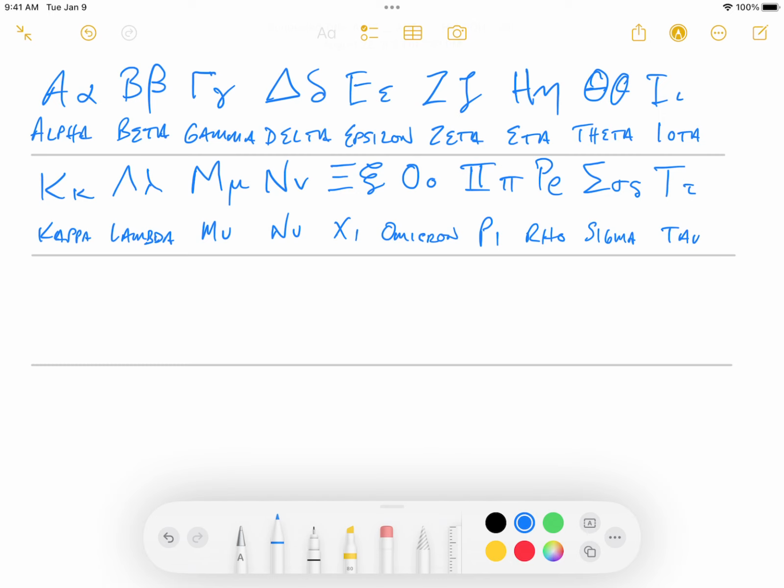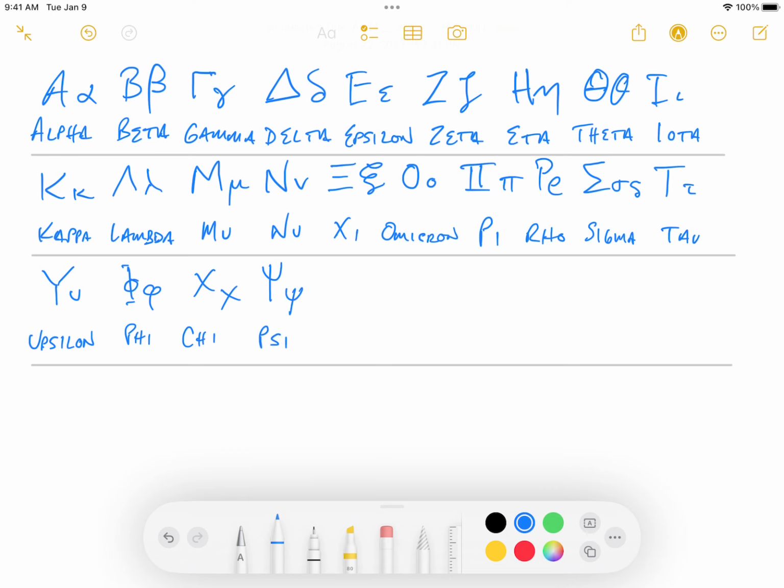And then we have the letter upsilon, uppercase and lowercase. The letter phi, chi, and then psi, which looks like a trident, and the lowercase looks like that too.